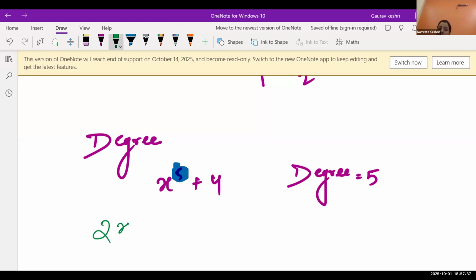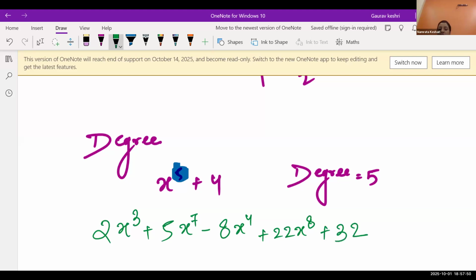I am giving you another example for your clarity. If we have 2x cube plus 5x to the power 7 minus 8x to the power 4 plus 22x to the power 8 plus 32, and I ask you what is the degree, degree means whatever variables you have, the maximum exponent.